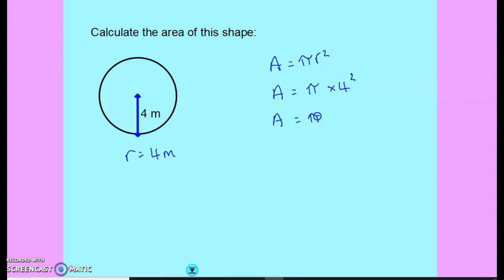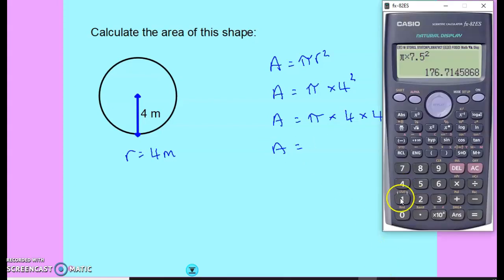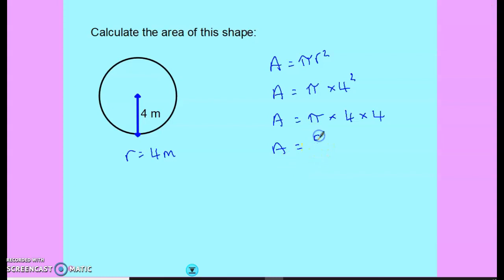Again, that just means times by itself, so it's pi times 4 times 4, which is 50.27 to 2 decimal places. Units will be metres squared. Okay, I'll leave you to practice some of these.